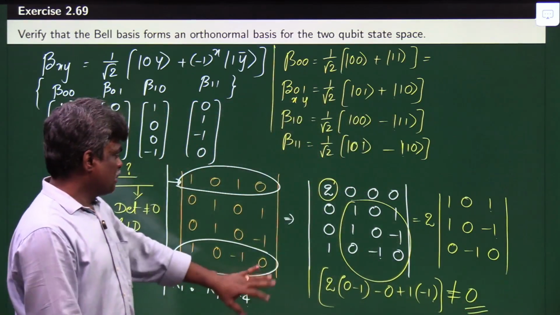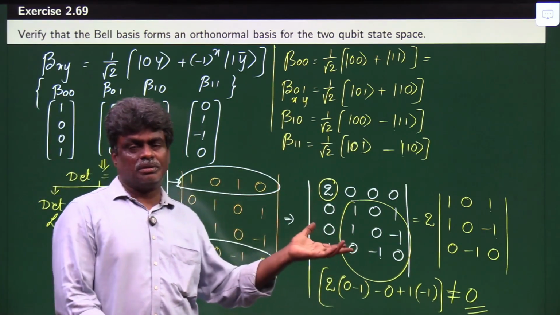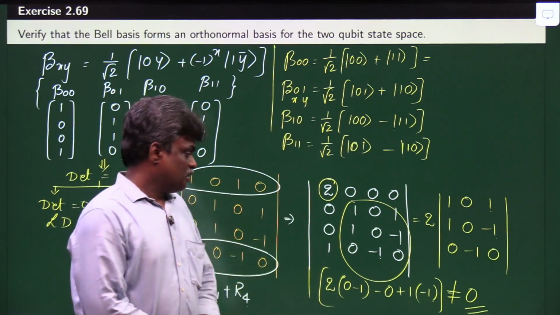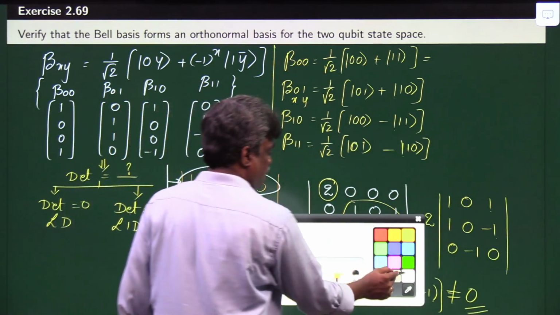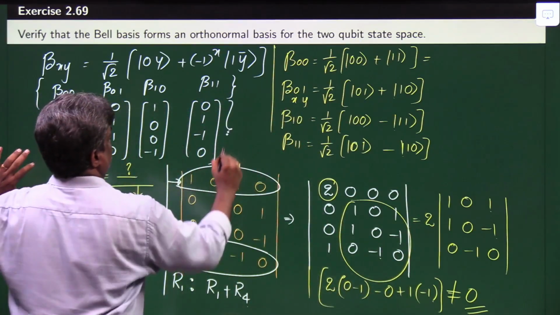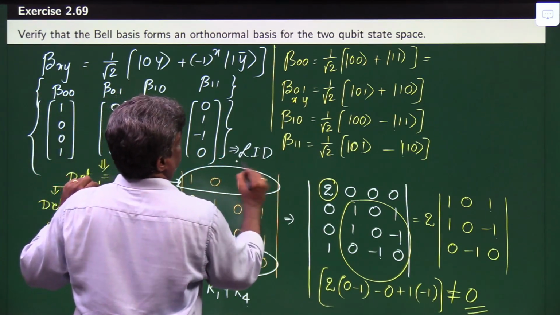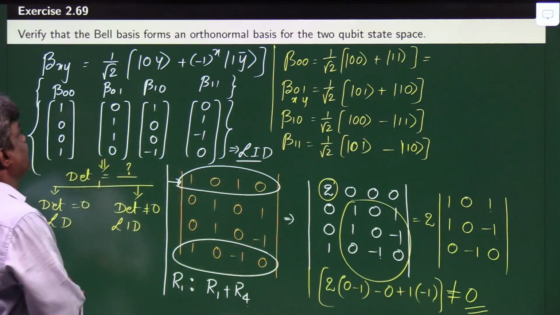No need to bother about the exact value, we just have to check whether it is equal to 0 or not. Since the determinant is not equal to 0, these are linearly independent vectors. That's it.